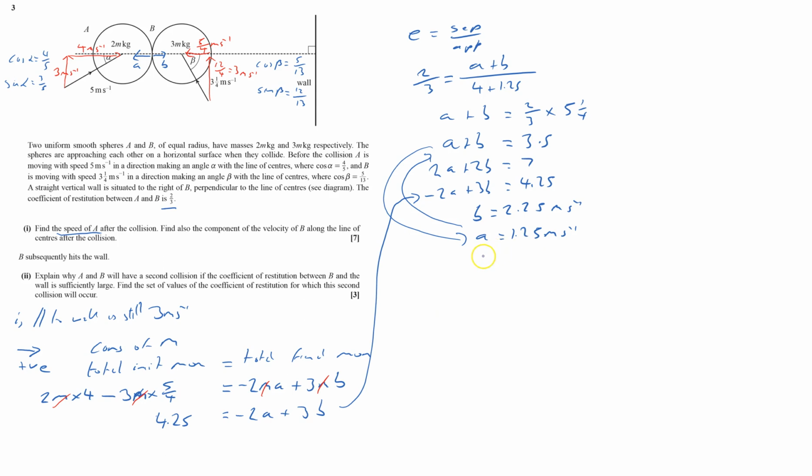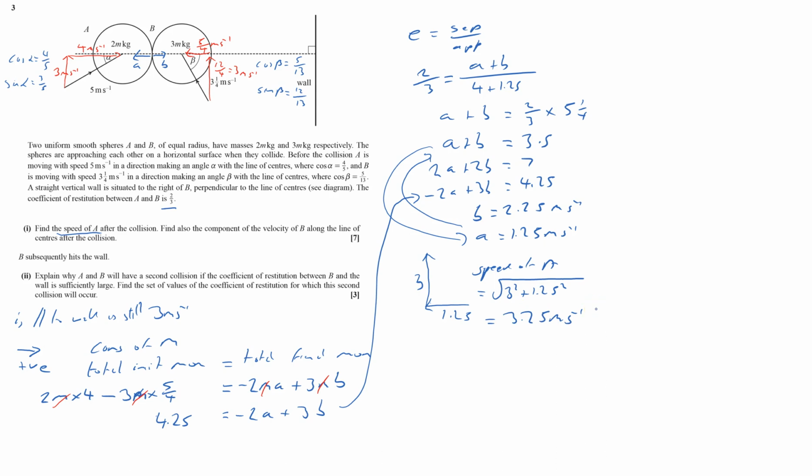So therefore it goes 1.25 that way, and it goes up there at, no, it goes up there at 3, the original velocity. And so the speed of A equals the square root of 3 squared plus 1.25 squared, which equals 3.25 meters per second.